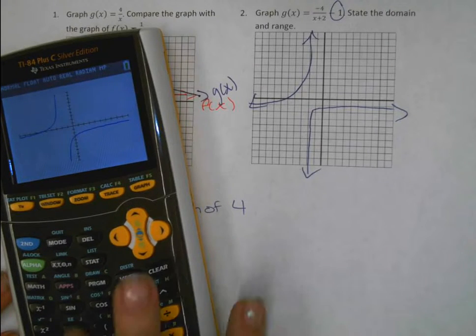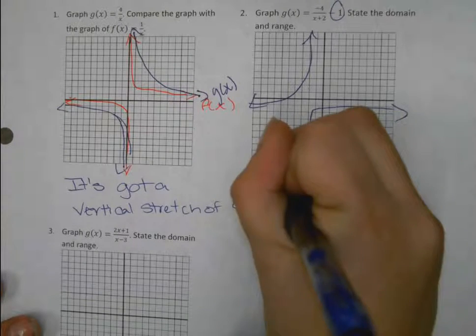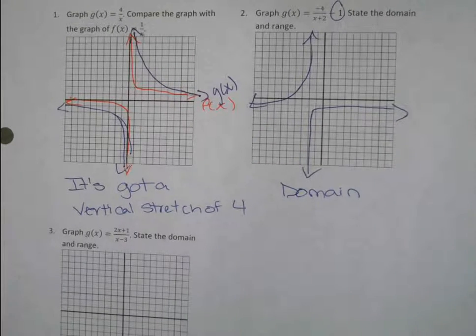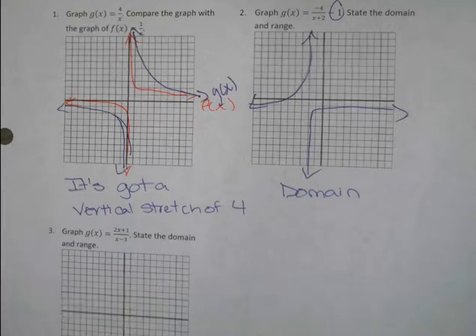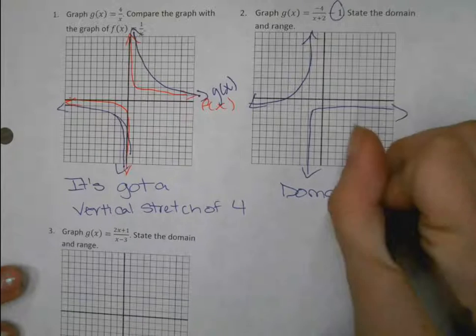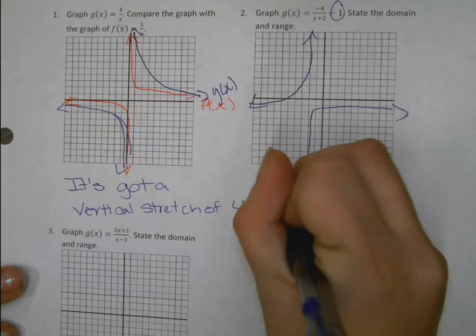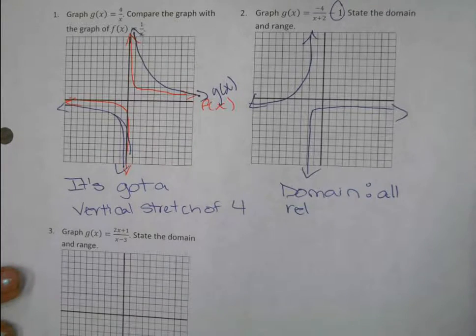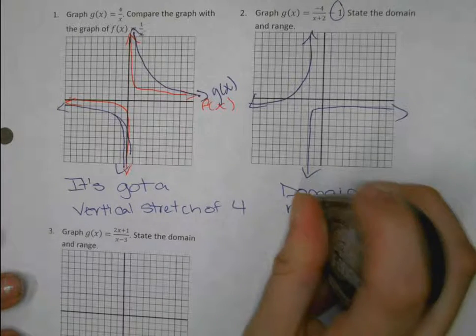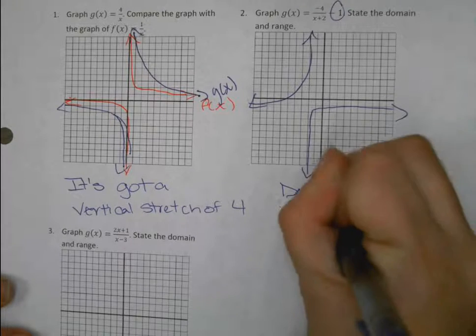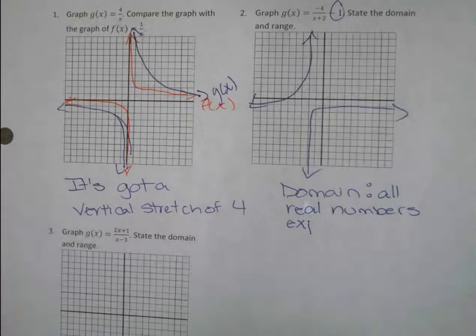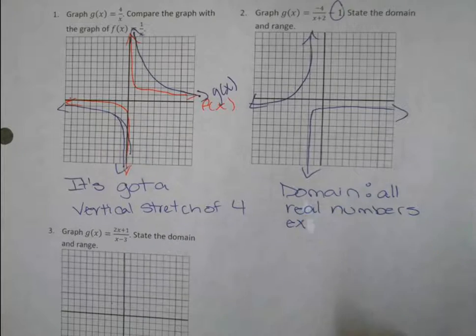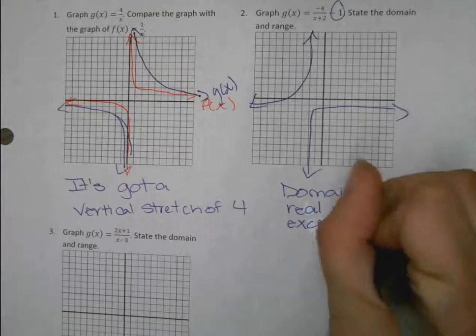So, my domain is not all real numbers, because it doesn't touch x equals negative 2. It's going to be all real numbers except x equals negative 2.